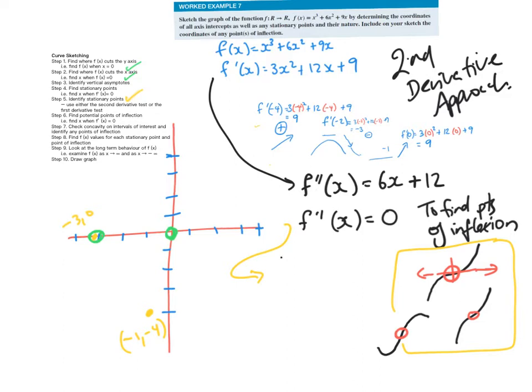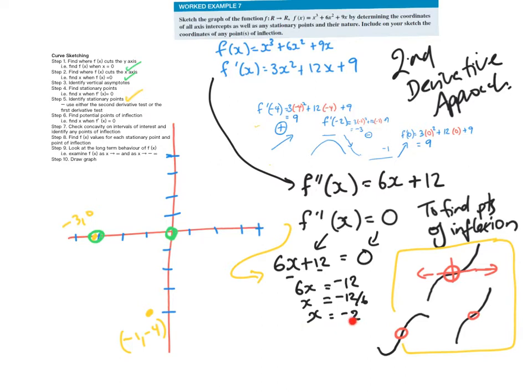We say that 6x + 12, which is the second derivative, equals 0. So we solve for x. This one's linear, so we do our algebra, where we first take the 12 over to the other side as a minus 12, and then we divide both sides by 6 to find that x is equal to negative 2. So let's just think about this.